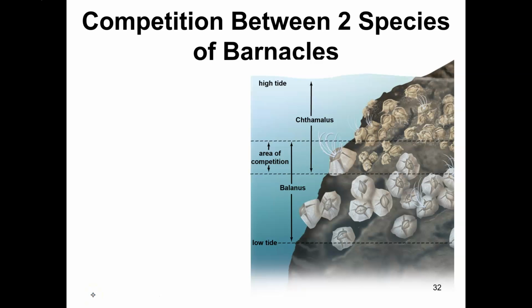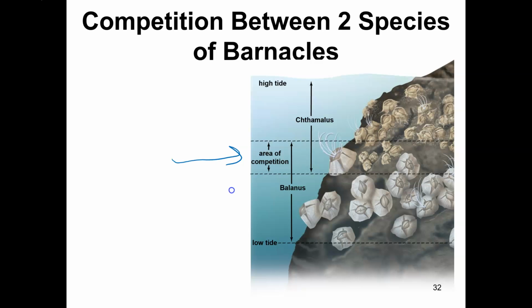And here's another competition between barnacles. And this also shows resource partitioning. Thalamus and Balanus are 2 types of barnacles, and they can both live in these 2 areas. But when they live together, they tend to compete with each other.